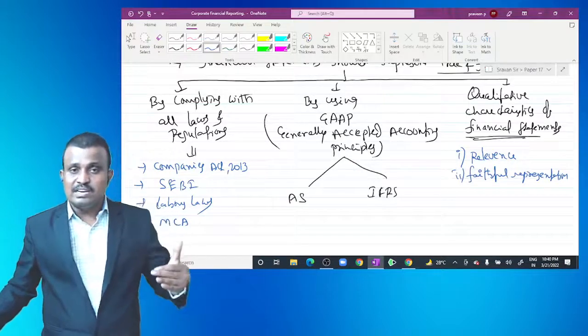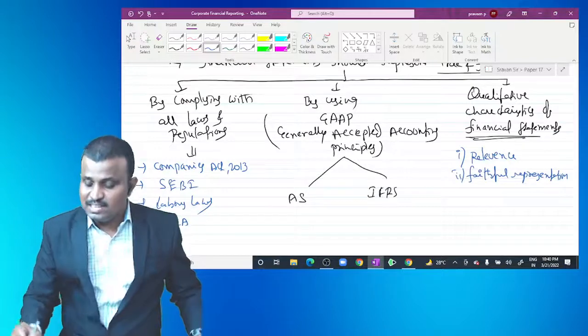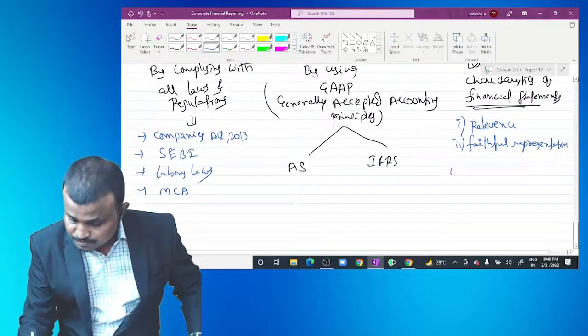And along with that, some enhanced characteristics of the financial statements are there. Those are nothing but what?